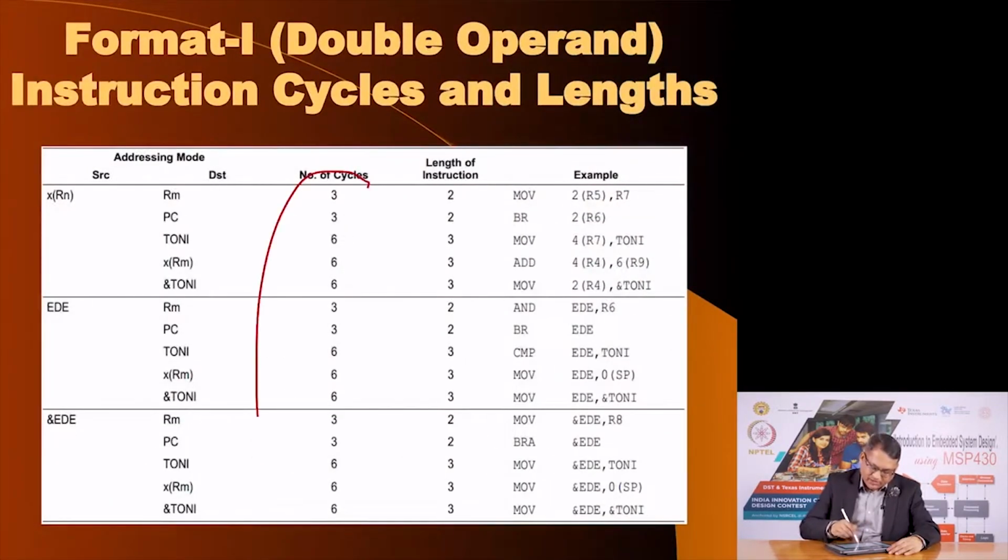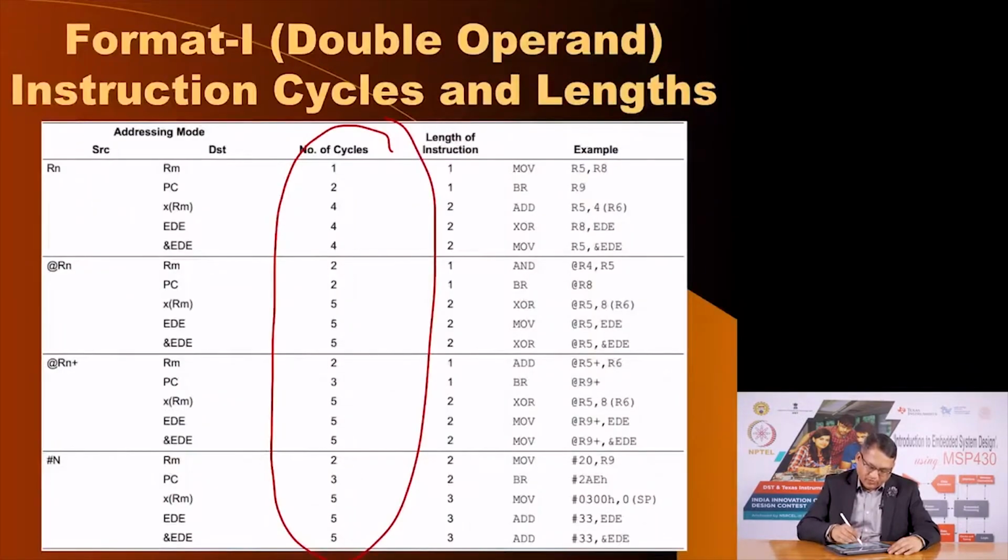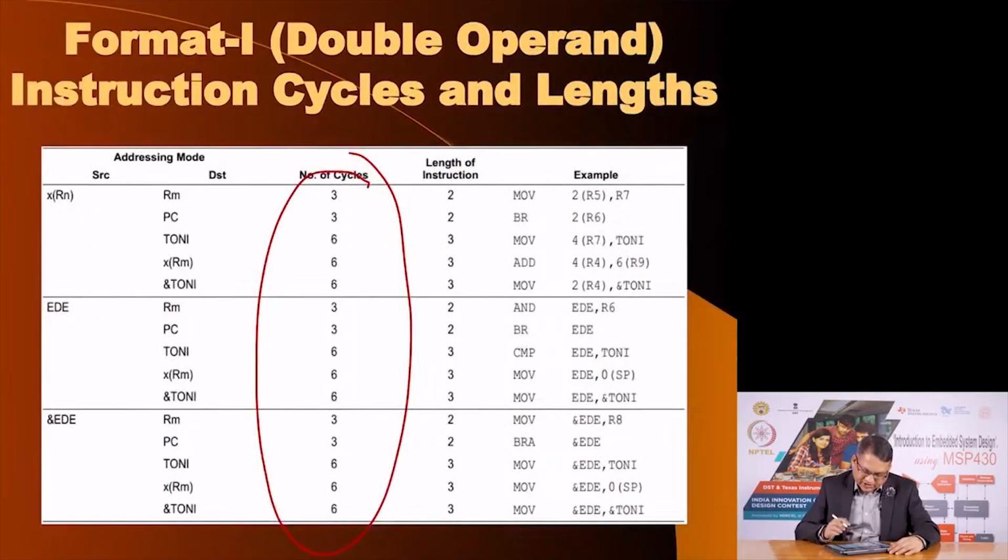You see here they are taking 3 cycles, and the cycles here refer to clock cycles. Similarly, you have a range from 1 clock cycle for executing an instruction going up to 6 clock cycles. So, this is the longest instruction.